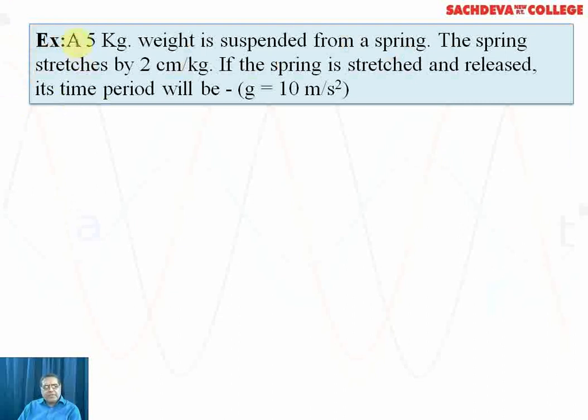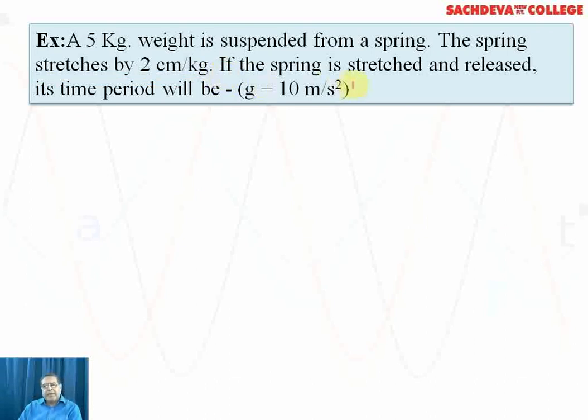Now in the next question, a 5 kilogram weight is suspended from a spring. The spring stretches by 2 centimeter per kilogram. It means our total weight is 5 kg, but for 1 kilogram the stretching is 2 centimeter. Obviously, for 5 kilogram the stretching will be 5 times, that is 10 centimeters.